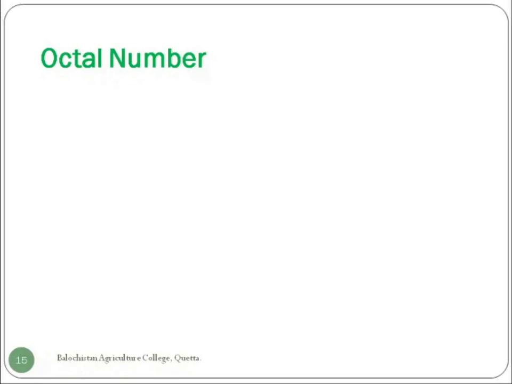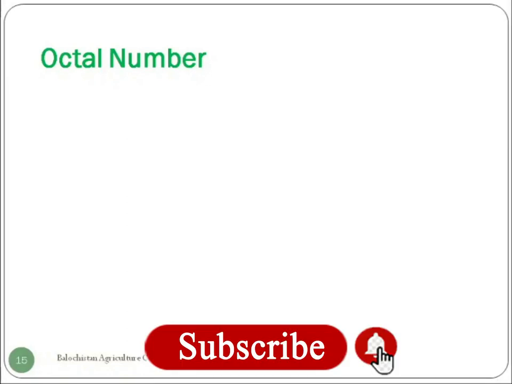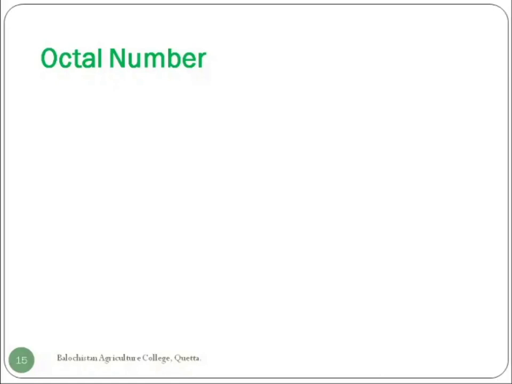As we know, a decimal number is also called a base 10 number because it has 10 digits from 0 to 9, and a binary number is also called base 2 because it has only 2 digits, 0 and 1. A binary number does not know about 2, 3, 4, 5, 6, 7, 8 and 9.